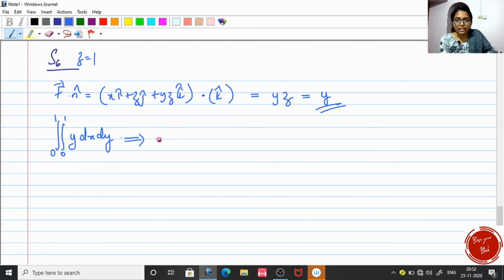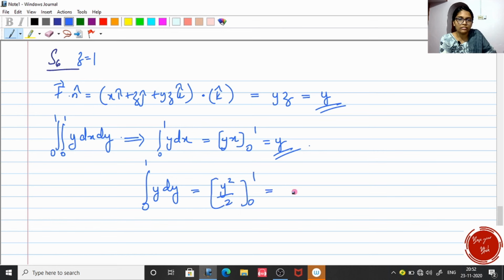Doing the inner integral, 0 to 1, y dx, it is yx, the value is simply y, and the outer integral is 0 to 1 of y dy. So it is y square by 2 in the limits 0 to 1, we get half.